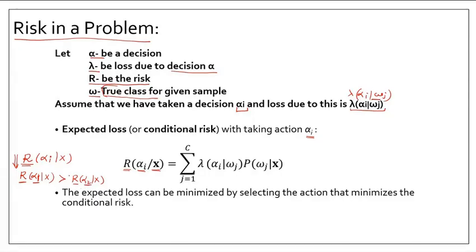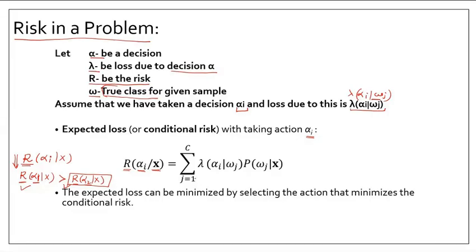So what should I do? I should choose the one with minimum risk, so my decision must be alpha 2. The expected loss can be minimized by selecting the action that minimizes the conditional risk. So I should take a decision such that my risk is minimized.